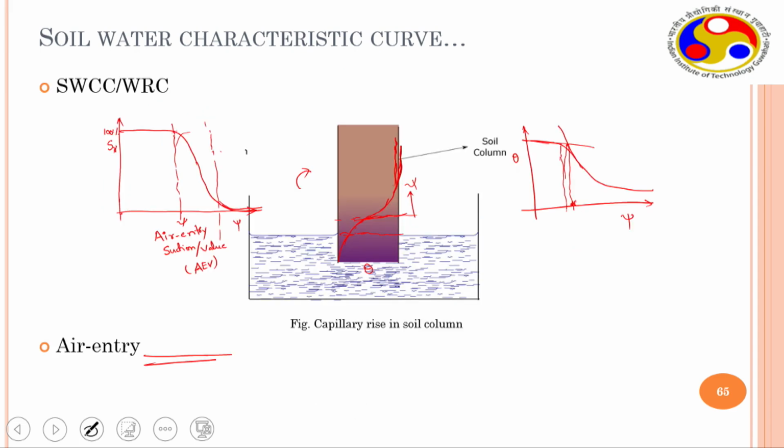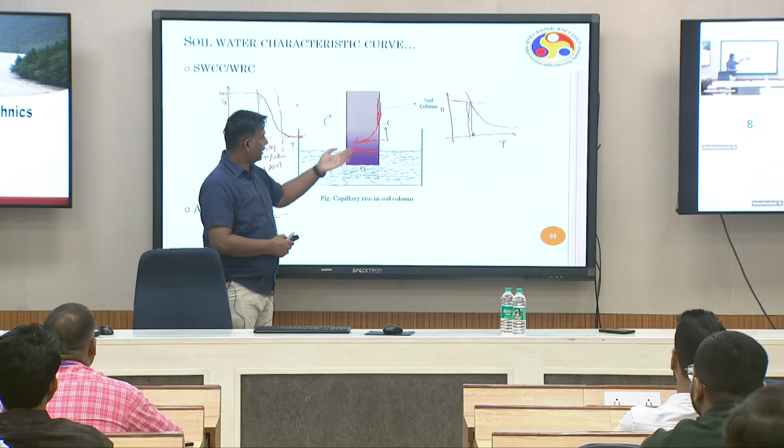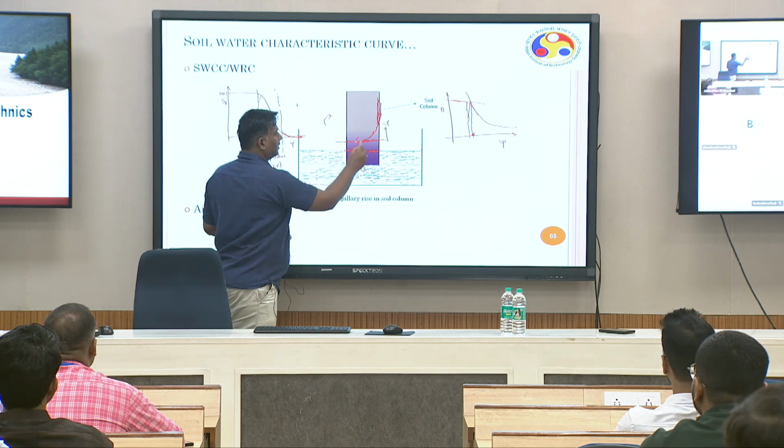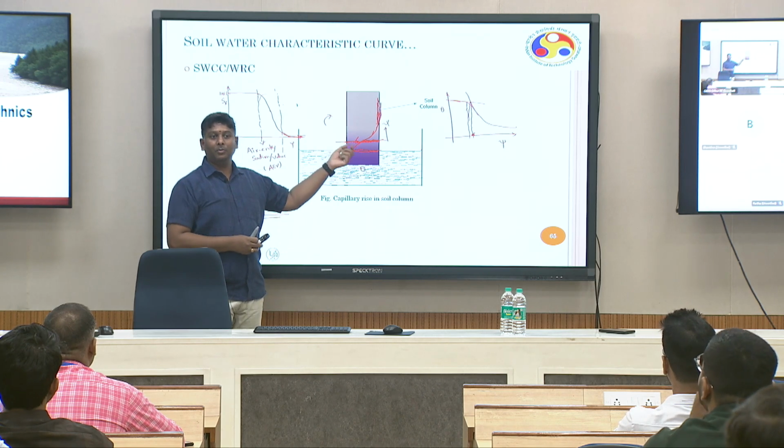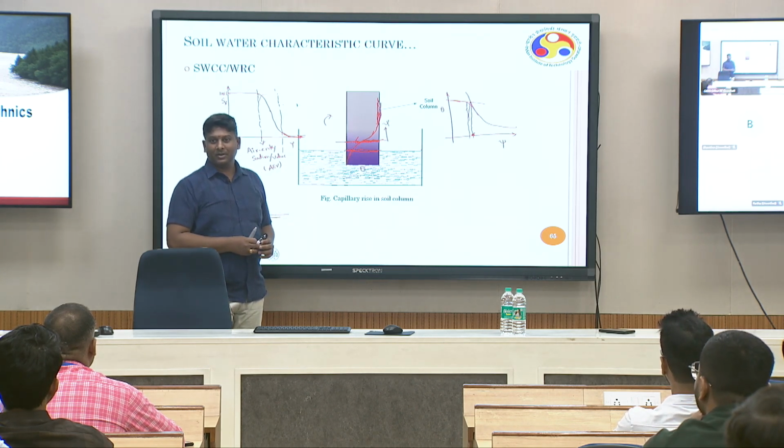Now, if I have a soil column, so it's more realistic, right? The soil column which is placed in a water reservoir. So what happens? Water anyways would be there up to this level, but then beyond that there is a capillary raise that takes place, and maybe this is the point where all pores below that are fully saturated, right?